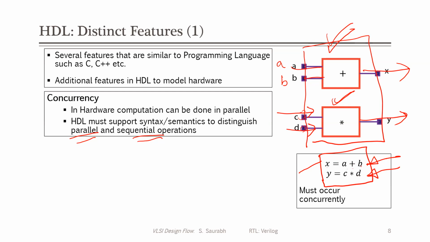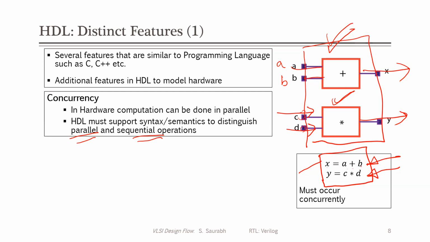Okay, so this is how the execution of the statements will be done in a traditional programming language. It will be done in a sequential manner. But in hardware, how does a hardware operate?